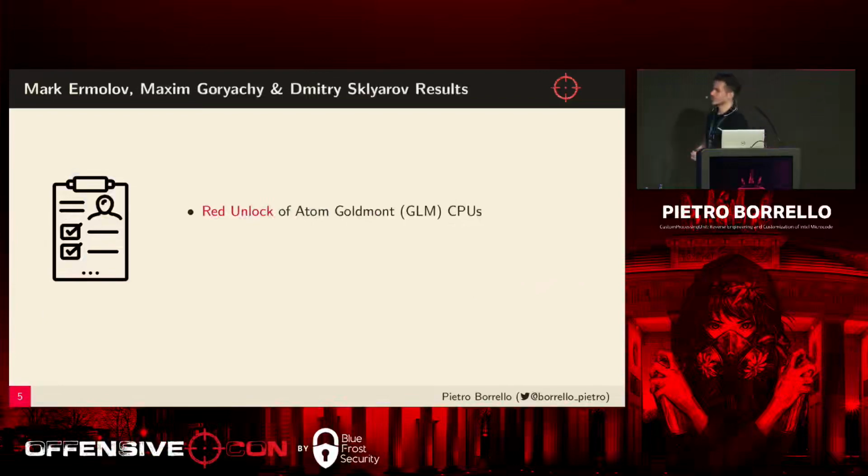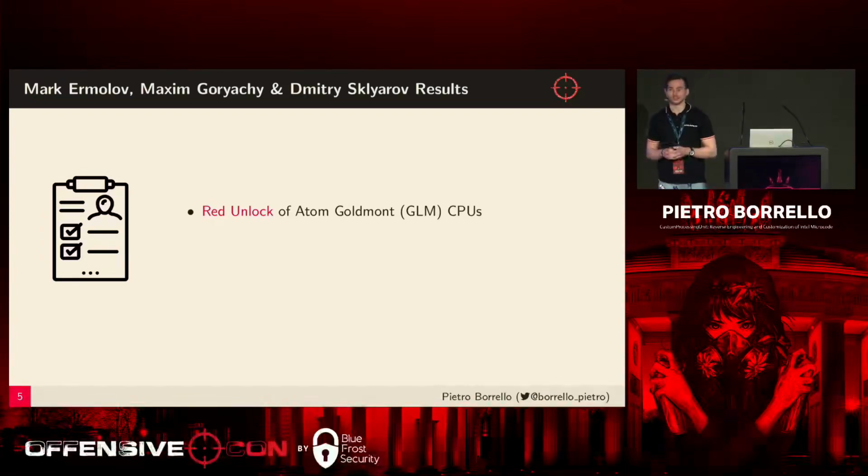So as every time for research, we build our research on the shoulders of giants. And we start our work from the work of Mark Ermolov and his colleagues, where they, exploiting the CPU, in particular Intel Atom Goldmont CPUs, were able to achieve the red unlock of those CPUs.